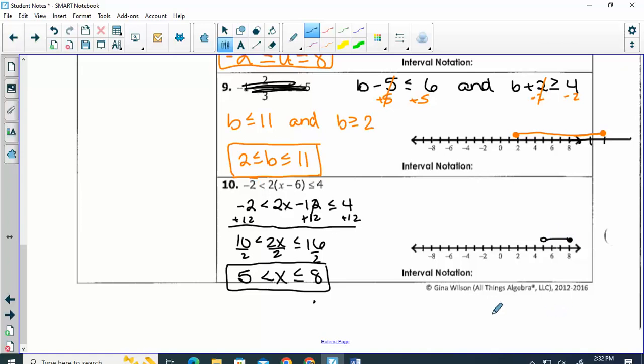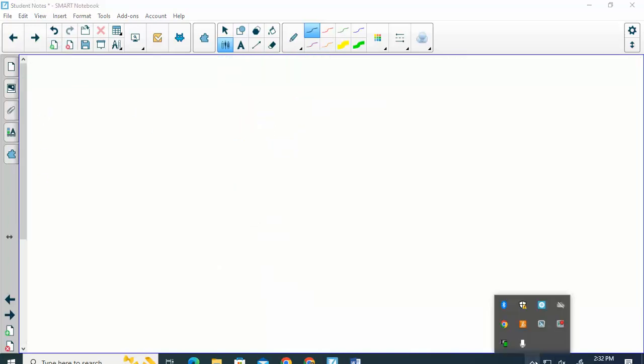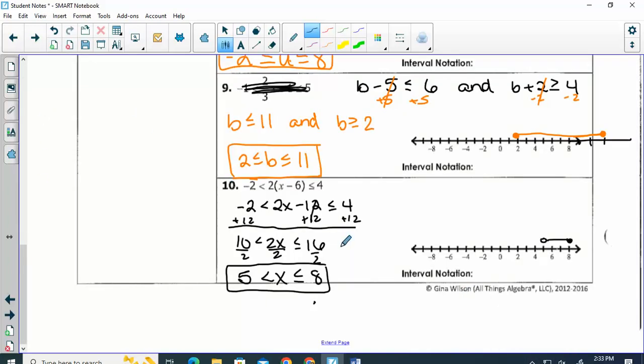Are we okay with this? I have a handout for you, but before you start, please wait. Once I hand them out, I want to talk about one of these problems. Okay, a couple things. First of all, these are all and statements. So what should your graphs look like? Connected, in between two numbers, yep.